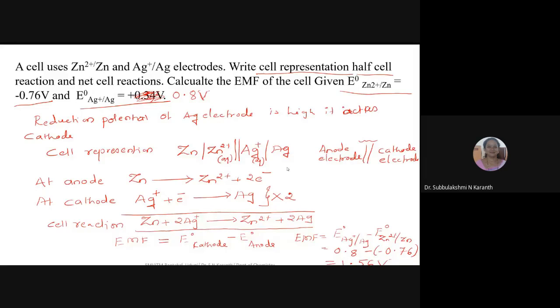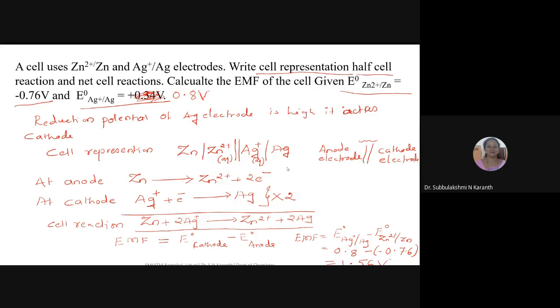See, in this problem they gave the two electrodes. First you have to write the cell representation. Silver and zinc electrodes are given. Silver electrode potential is high compared to the zinc electrode, so it is taken as the reduction electrode. So the cell representation is Zn bar Zn2+ double bar Ag+ bar Ag.